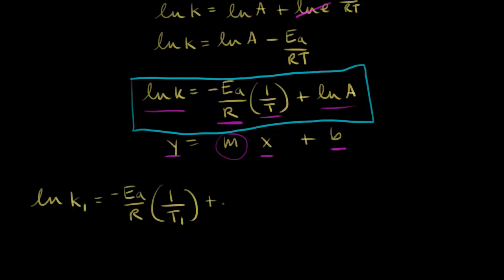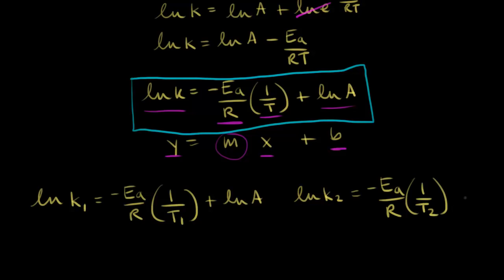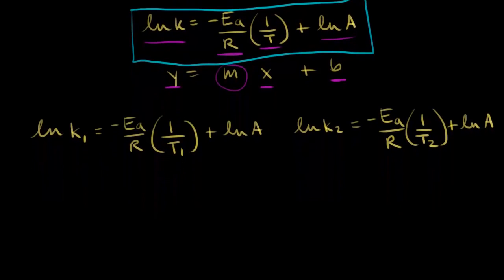And let's also put a natural log of A in here. All right, let's use a different temperature. Let's say this is T2. Well, at a different temperature, we're going to have a different rate constant. So we'll call the rate constant k2. So the natural log of k2 is equal to negative EA over R times 1 over T2 this time, plus natural log of A.